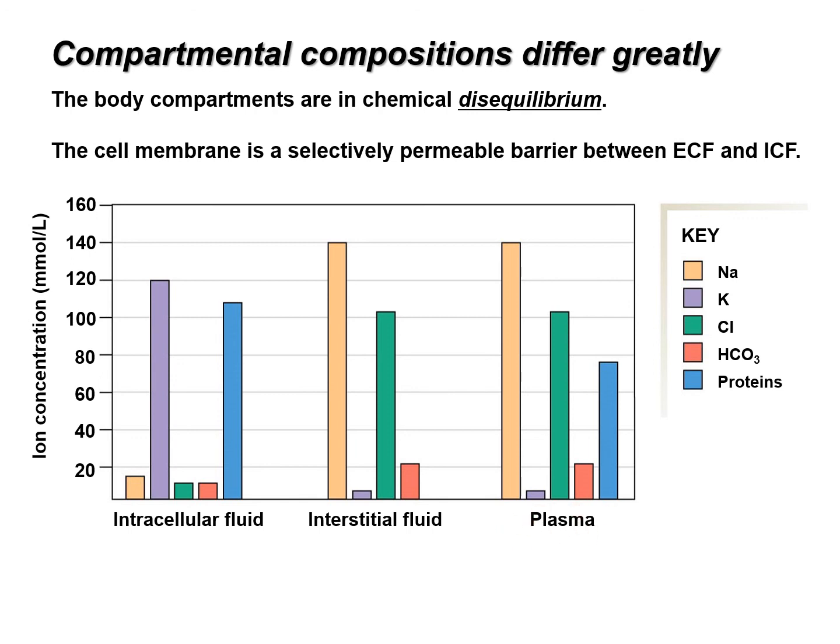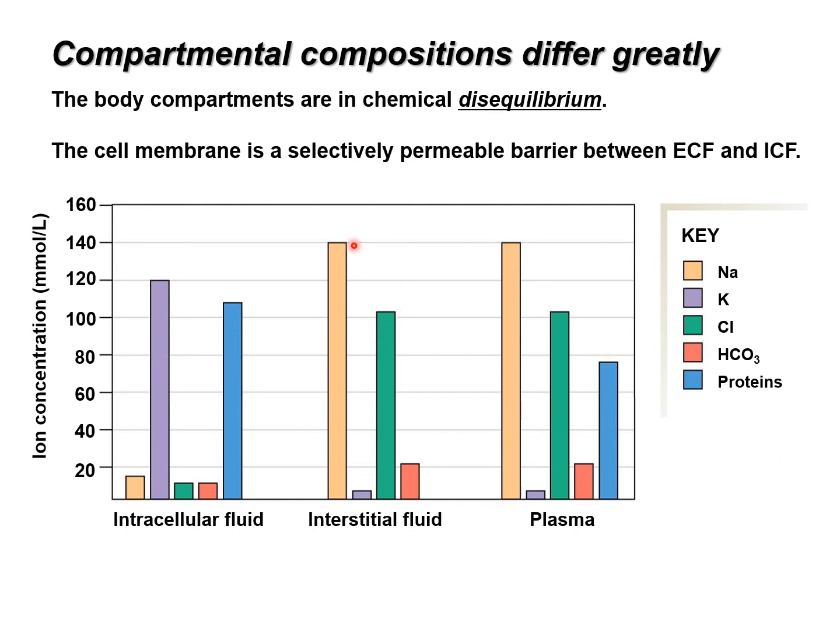Plasma, on the other hand, will have relatively high sodium and chloride, but also relatively high proteins. So get to know those, and as you think about osmolarity and so forth, you can consider those things.